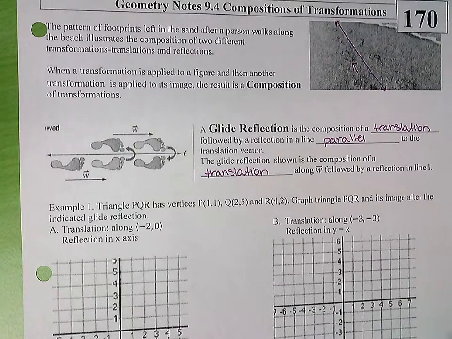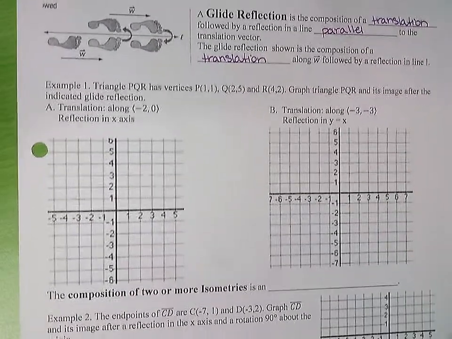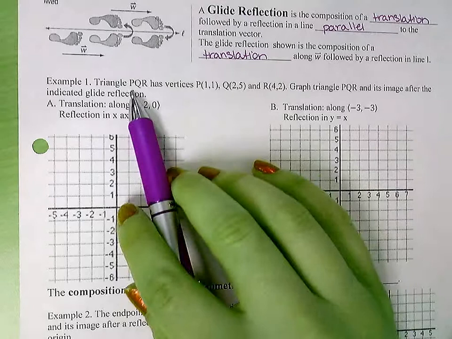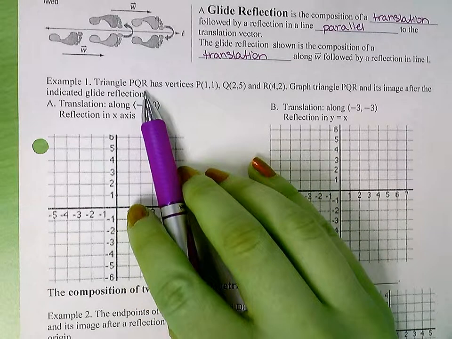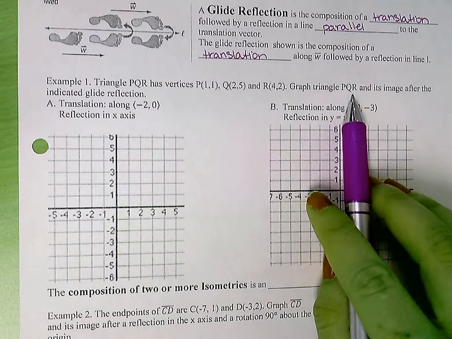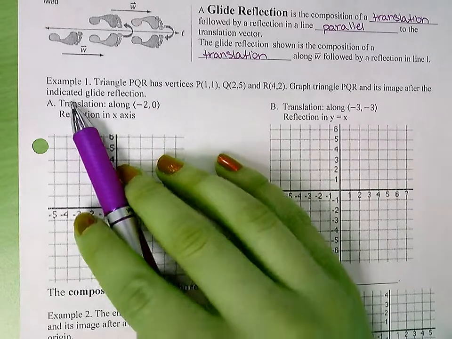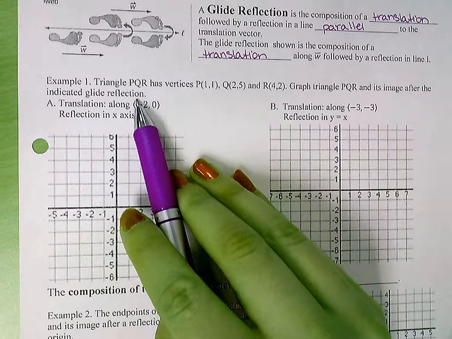What we're going to do next is our own glide reflections in the graphs below. We have triangle PQR with the following vertices, and we want to graph PQR and its image after this indicated glide reflection.